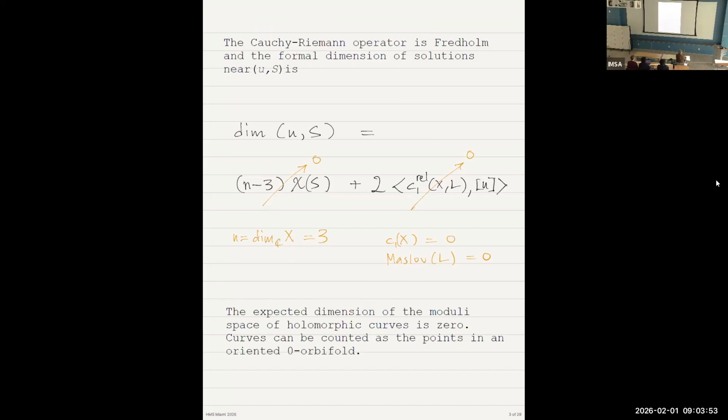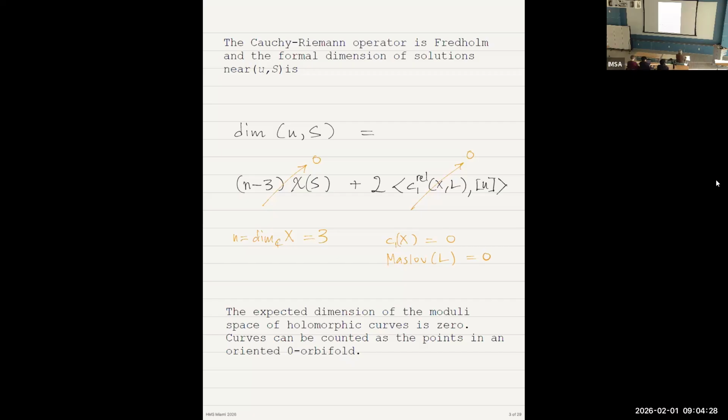So this Cauchy-Riemann operator is a Fredholm operator, so you can compute the expected dimension of the space of solutions, and this is a sort of famous index formula. It's the complex dimension of the ambient space minus 3 times the Euler characteristic of the surface, and then plus a Chern class contribution, so this kind of relative Chern class.